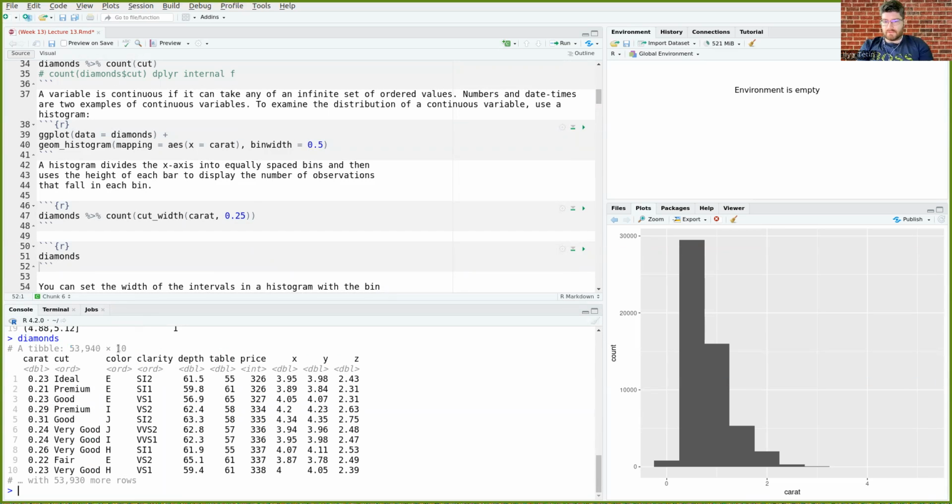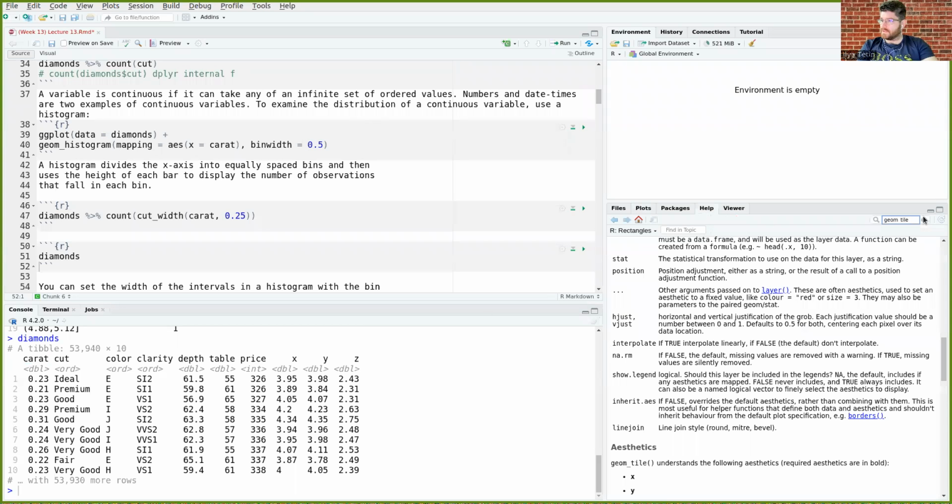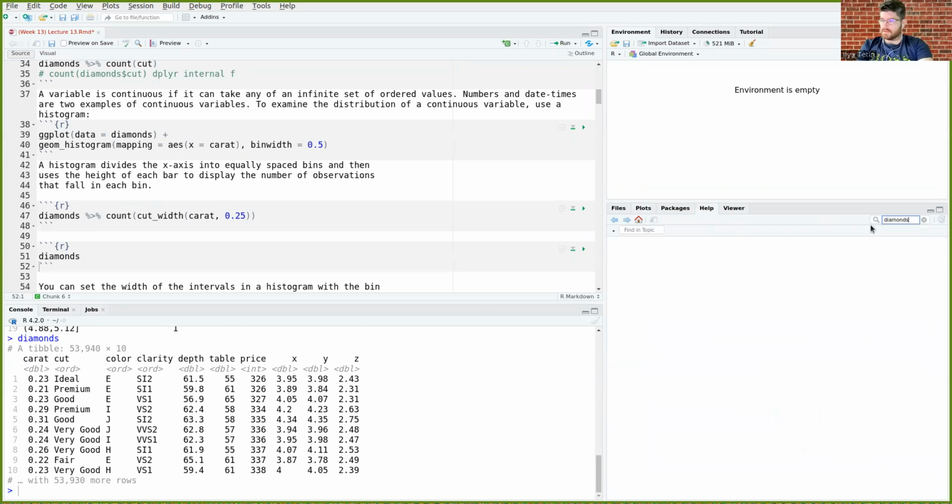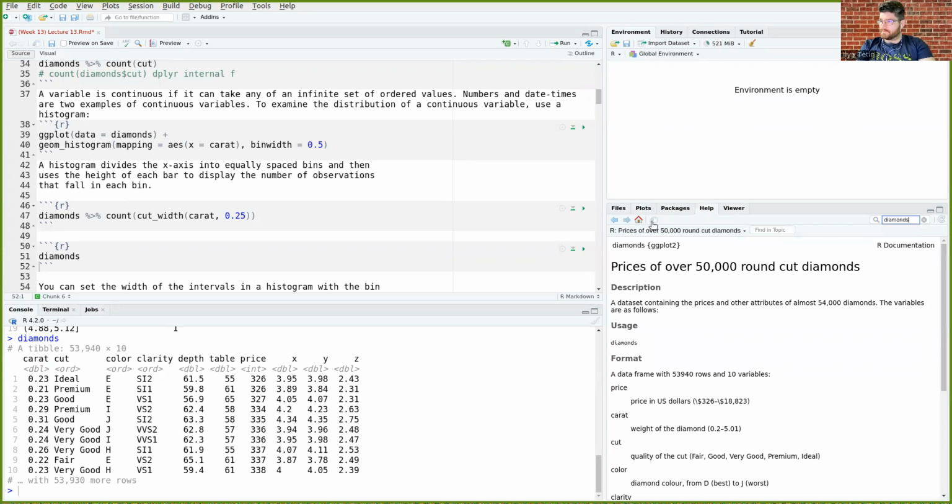This is the measurements of this data, and we can see that carat is just one column inside the data. So we can use different kinds of columns. We can select the depth, table, price. Generally, carat is meaningful for us, and price is also meaningful for us. I think these are the measurements, but still let us use the help to provide the prices of 50,000 round cut diamonds.